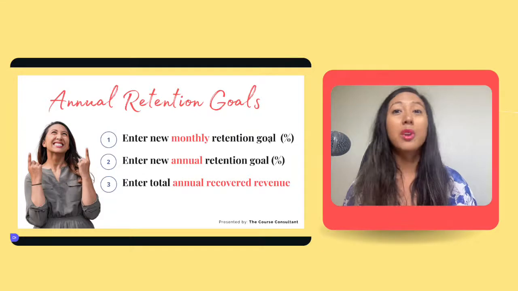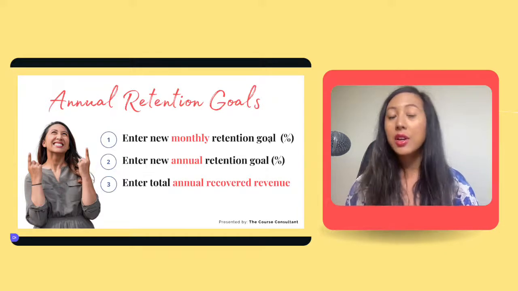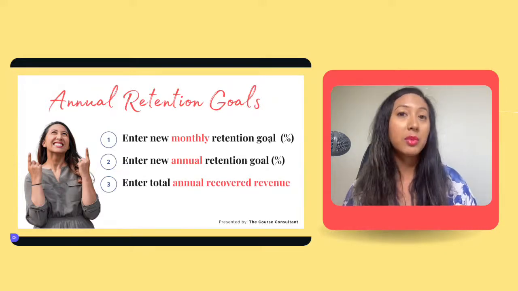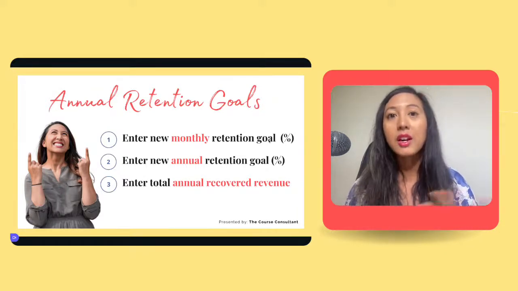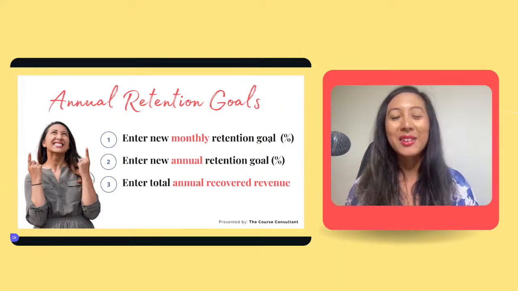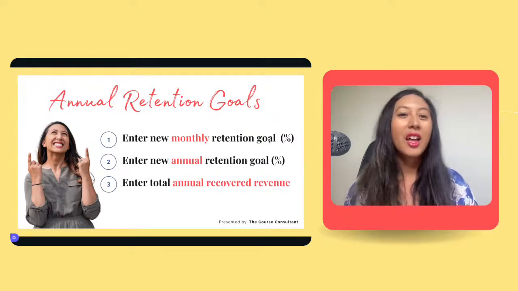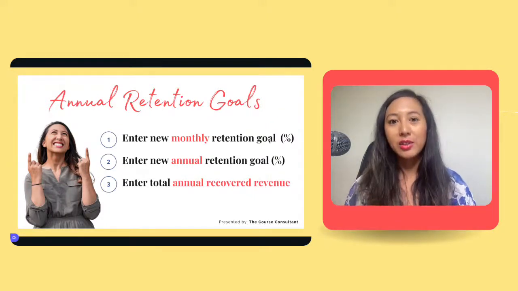And of course, we can shoot for high goals, but you might want to start and see if you can increase it between 0.5 to 1% over the course of a year. And if you want to go all the way and do a 2% increase or 3% or even 5%, go for it. Enter in your new annual retention goal.